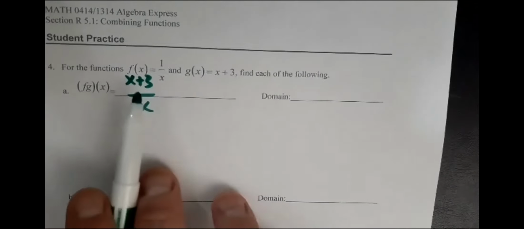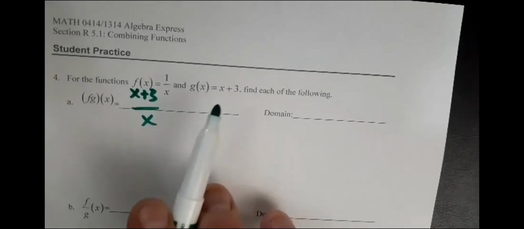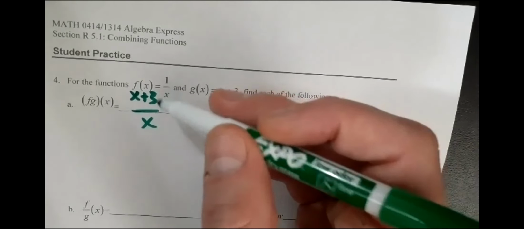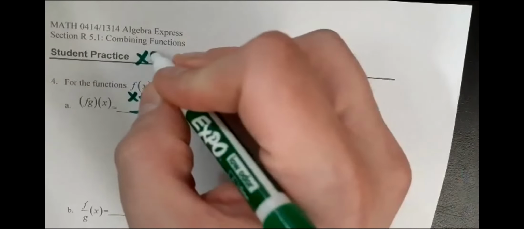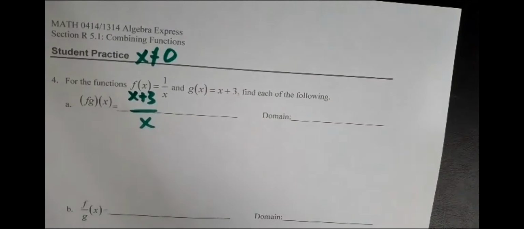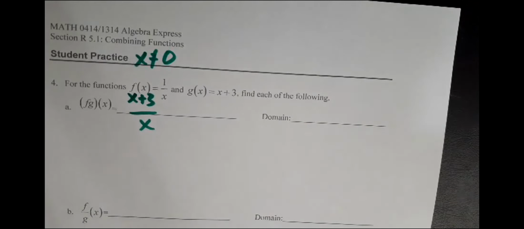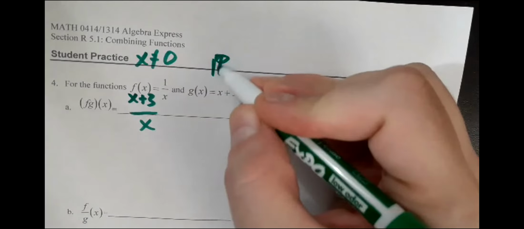If I want to think about my domain restrictions on f and my domain restrictions on g: if I have 1 over x, there is one domain restriction here. The x cannot be 0. If I have x plus 3, think about it graphically, that's just a linear function. Is there any number we can't plug into a normal line? We can plug any real number into this thing. We can add 3 to any real number. It's not going to mess it up. This is anything and everything.